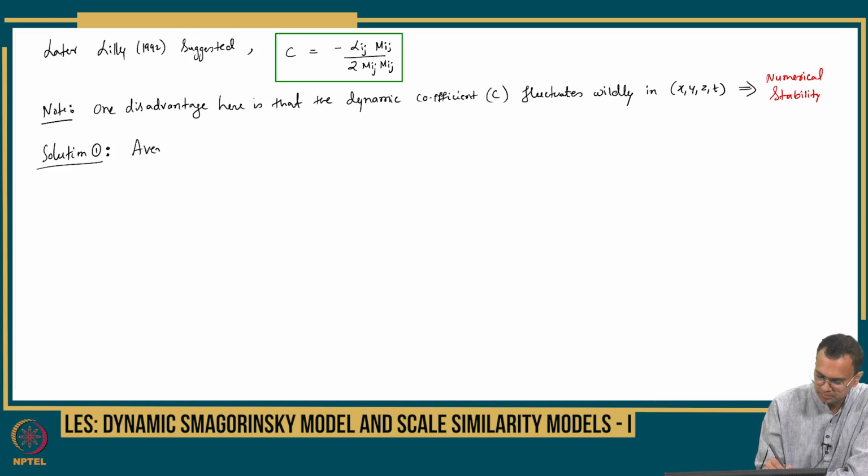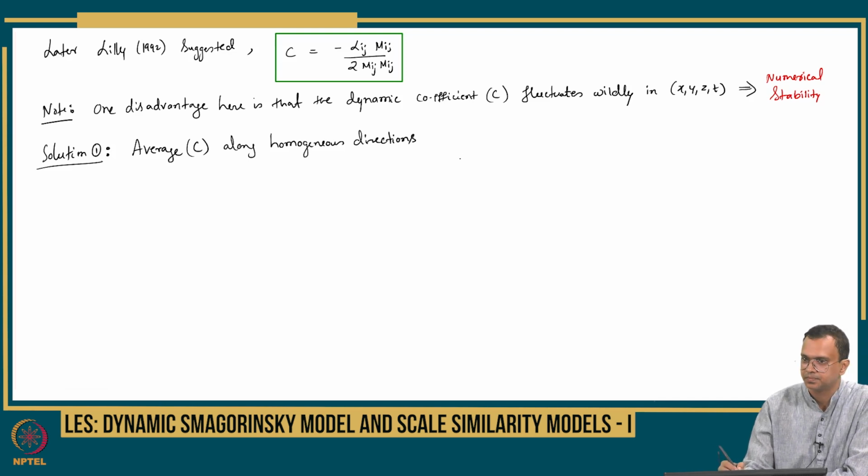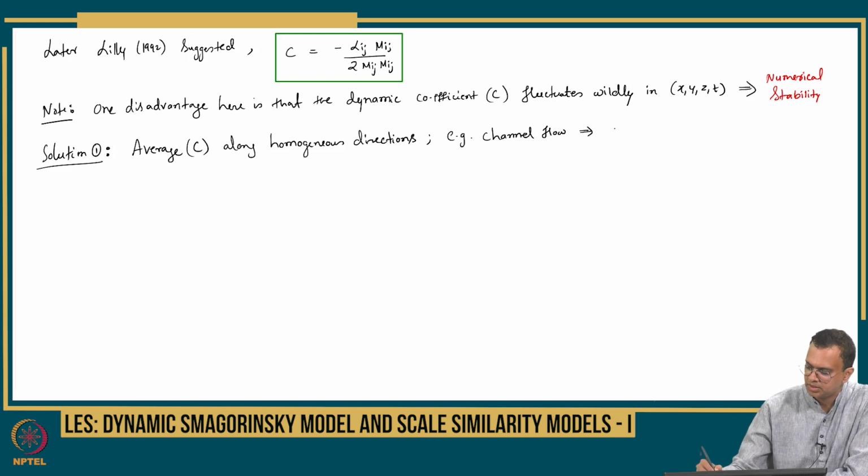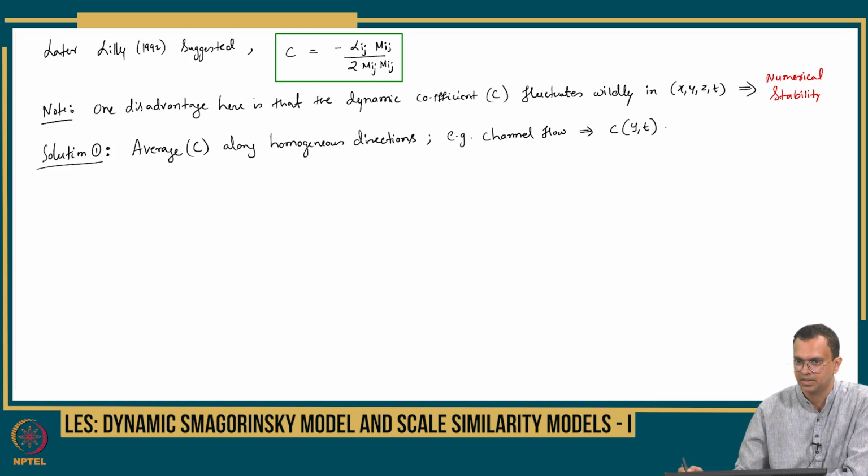So you can average C along homogeneous directions, if you have them, of course. For example, channel flow, then upon averaging, the C is just a function of your wall normal direction and t, so x and z are the homogeneous directions. So this helps by averaging.